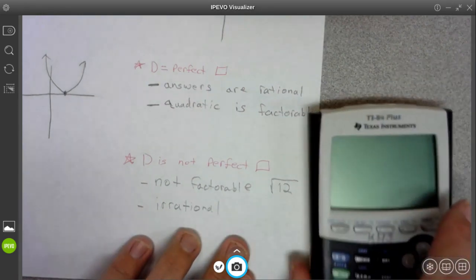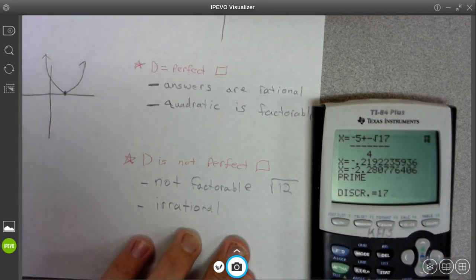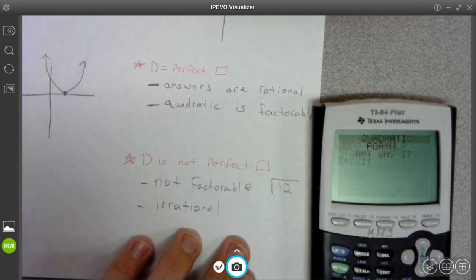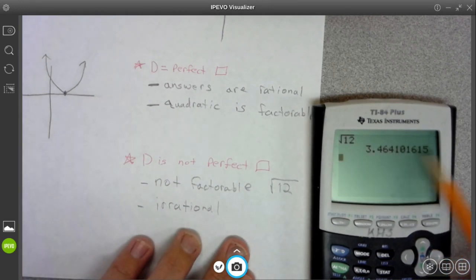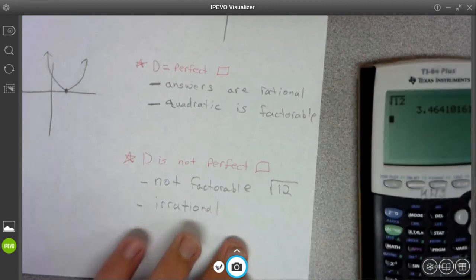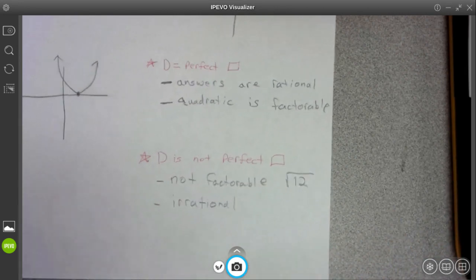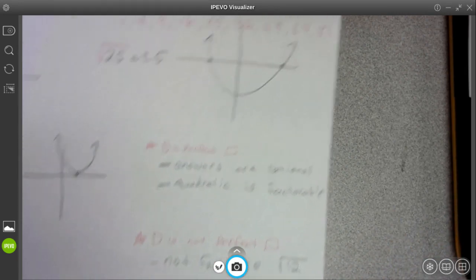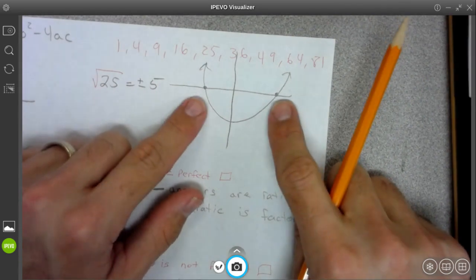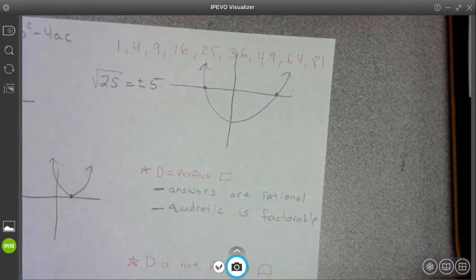So when you square root it, you get this long irrational number that goes on forever without repeating. All right, so that means your answers will not be fractions. They're going to be nasty, including square roots. So it'll still cross somewhere, but it's going to cross at an irrational number.